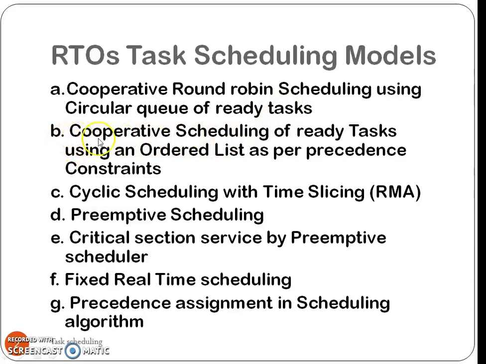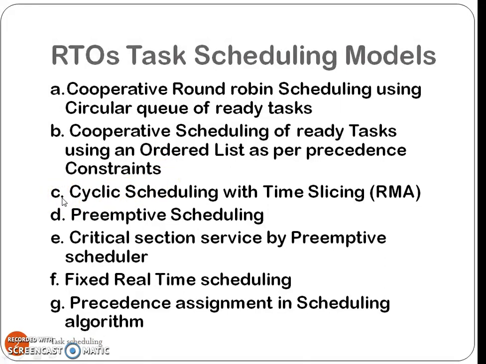Another is cooperative scheduling of ready task using an ordered list as per precedence constraints. So difference between first and second algorithm is that in the second one, priority is considered to allocate the CPU time to the process.